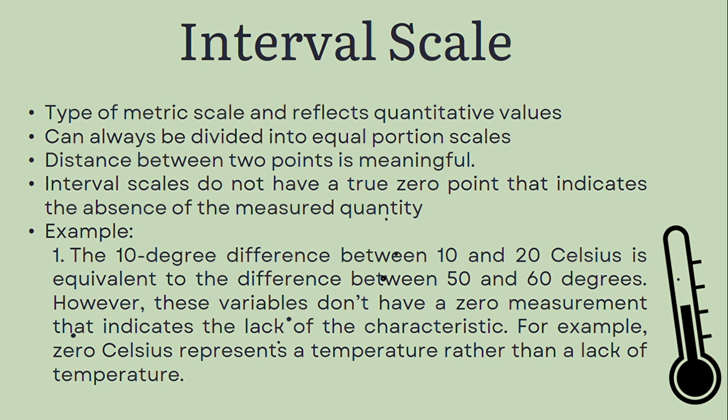If we look at the difference or distance between two points, we can make inferences about that data. For example, the 10-degree difference between 10 and 20 degrees Celsius, or the 10-degree difference between 50 and 60 degrees Celsius, is the same. These are equivalent and we can make inferences about that temperature. But if we have zero temperature, we can't represent anything in the temperature. This is known as lack of temperature.